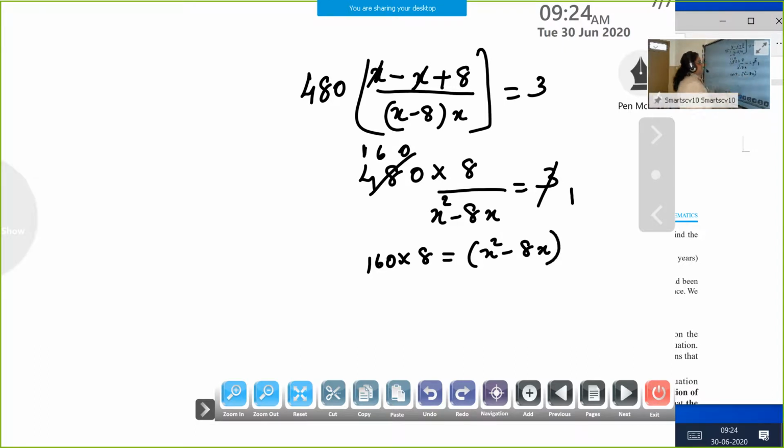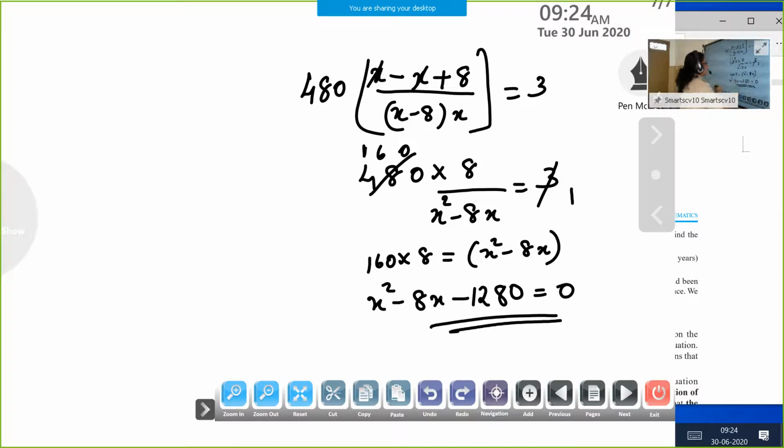Cross multiply: 160 into 8 is equal to x square minus 8x. 160 into 8 is 1280. So x square minus 8x minus 1280 is equal to 0.